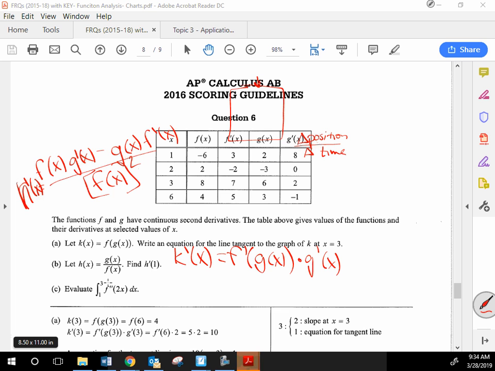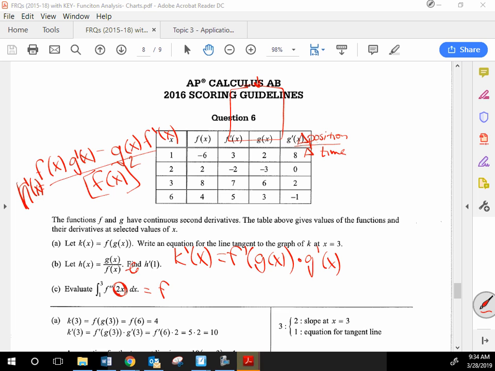I like this one. It says to evaluate this, we don't have a function, so I can't do my antiderivative. But what's the function before my second derivative? F prime of x. Now, because there's something other than x here, we technically have to do a little mini u sub.